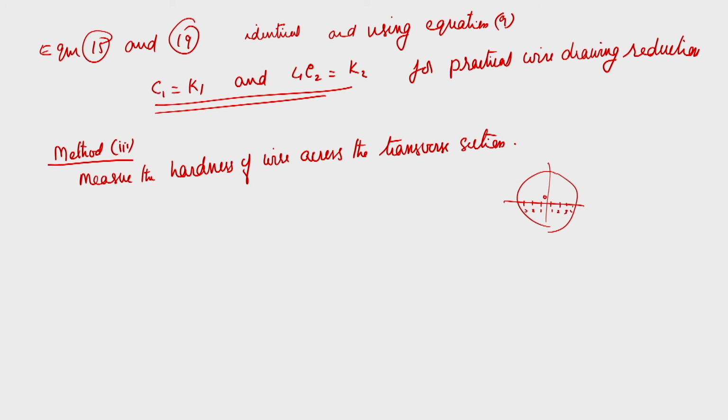Then you take the value of the hardness at each point and correlate it to its equivalent strain from the homogeneous strain versus hardness plot. So, you can always find the equivalent strain for the cross section.